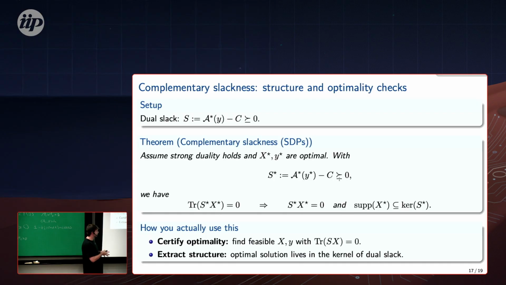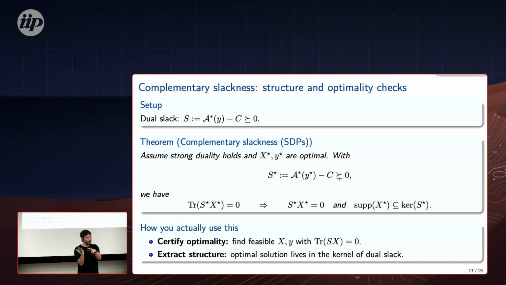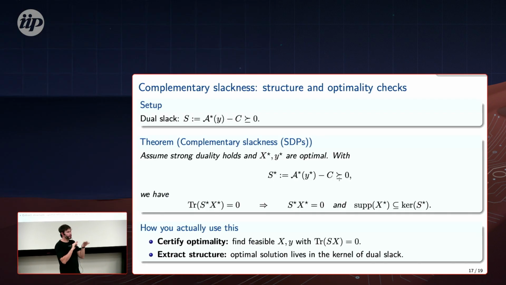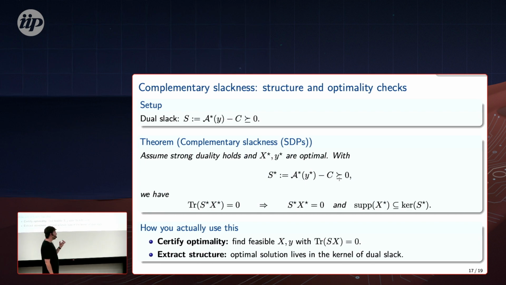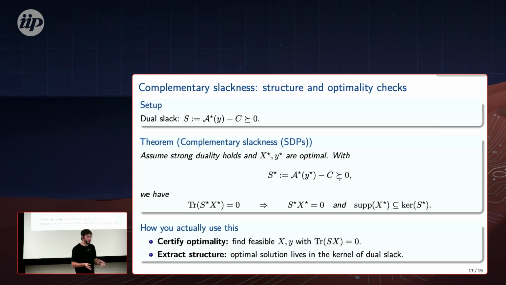Duality theory lets you map solving one SDP into solving that dual problem, again under Slater's condition and so on. But you can also get structure about optimal points from this convex optimization theory. This is also something very useful to know, and tomorrow we're going to see this in practice.